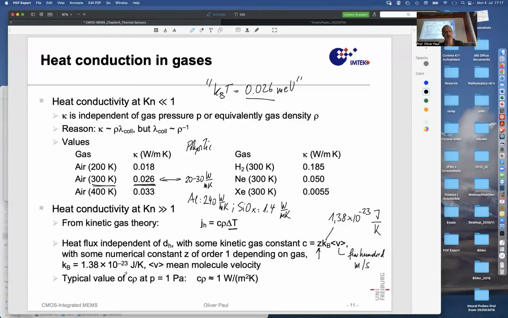And now how large is this C times rho? So I have, let's say, eine Hausnummer, as we say in German, a number to remember that gives a good approximation. So at 1 Pascal, C times rho is equal to 1 watt per square meter per Kelvin.